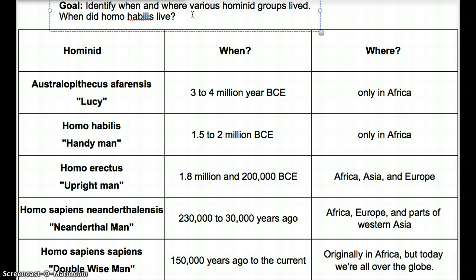And my second question is, where did Homo sapiens, double wise man, originally live? So by the end of this lesson, you should be able to answer both of these questions pretty easily just by looking at our chart.